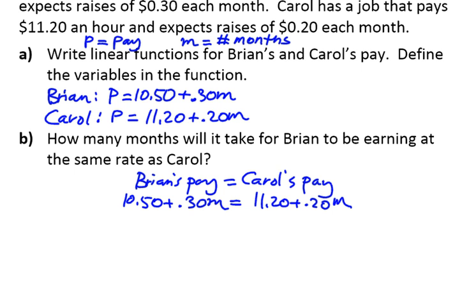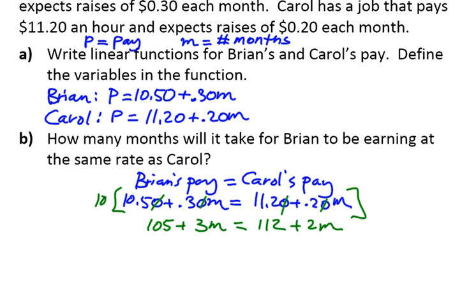So let's just kind of forget about the zeros. And then let's multiply through everything by 10. So that's going to move our decimal point over, and we're going to get 105 plus 3M is equal to 112 plus 2M. I guess you could have multiplied by 100 and accomplished the same thing.